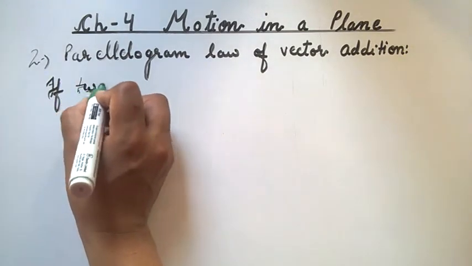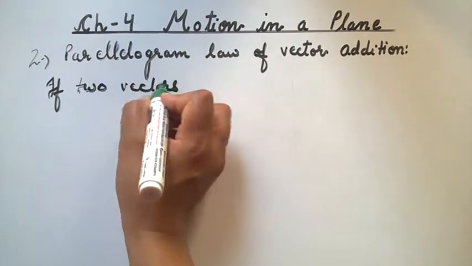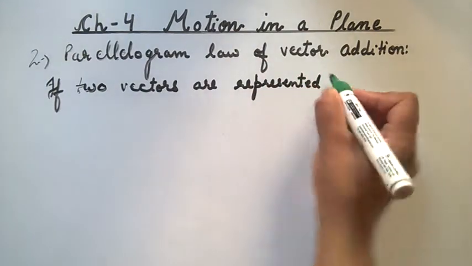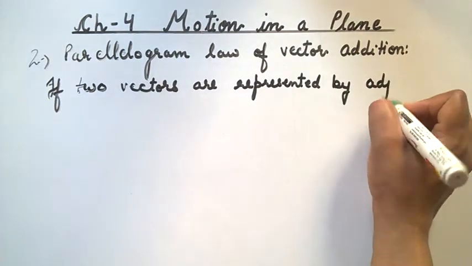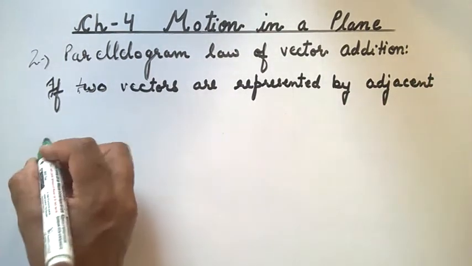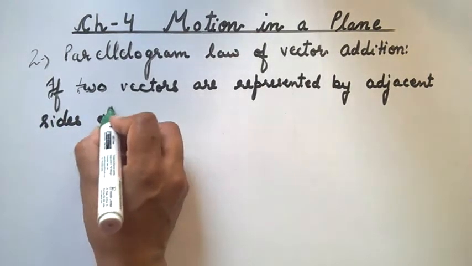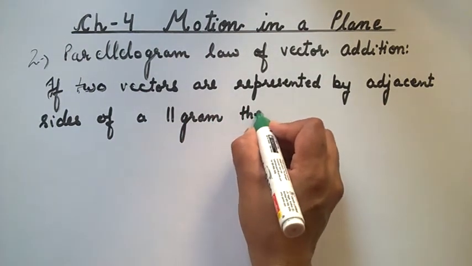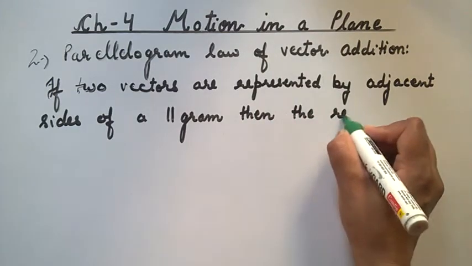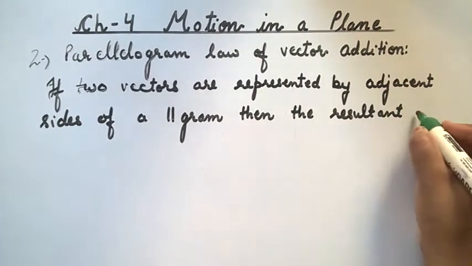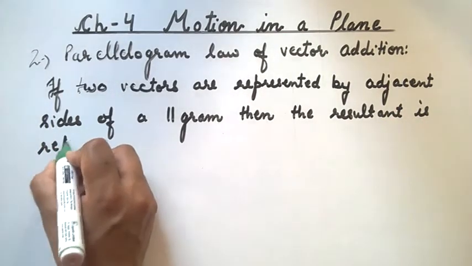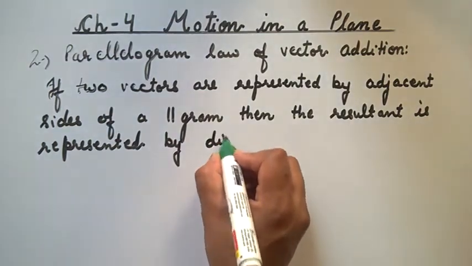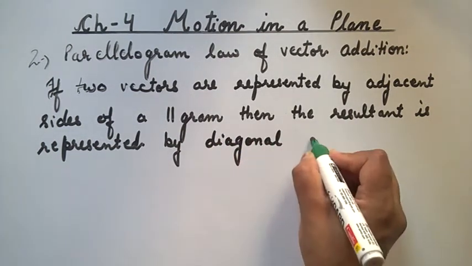That is, if two vectors are represented by adjacent sides of a parallelogram both in magnitude and direction, then its resultant is represented by the diagonal of the parallelogram.